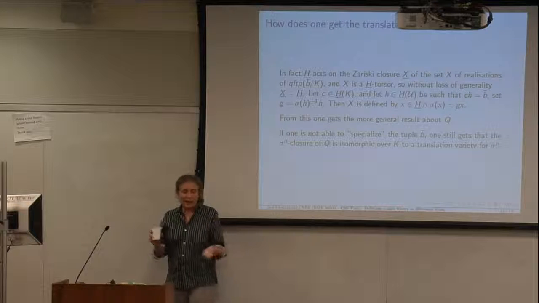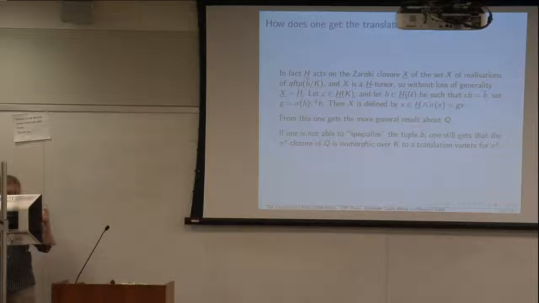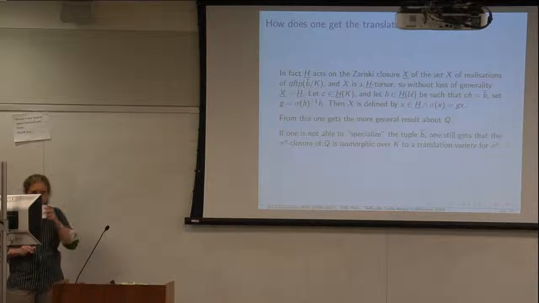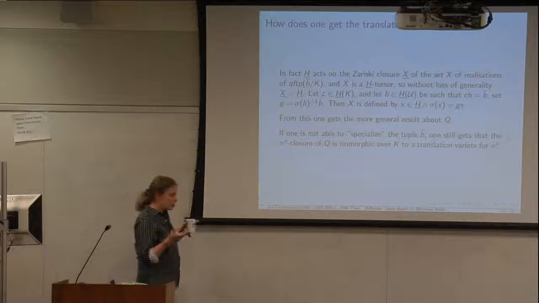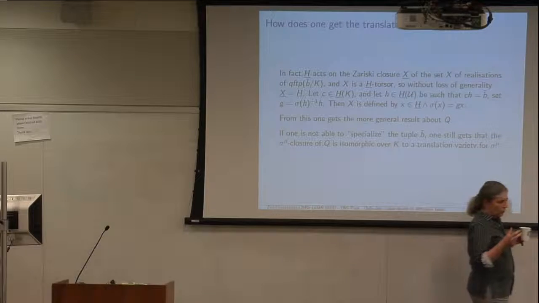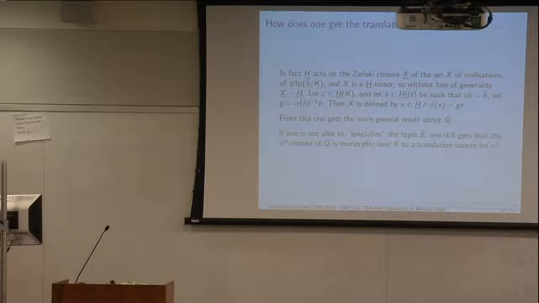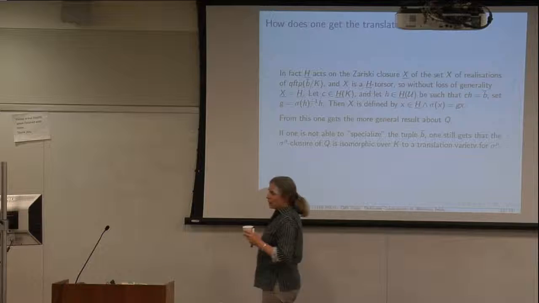Well, if you pass to the algebraic closure, you're going to get an algebraic group H, which acts on the Zariski closure of X. Moreover, it's really a torsor. H of F is really in bijection with X. So at the algebraic level, it's the same thing, and without loss of generality you can assume that they are equal.